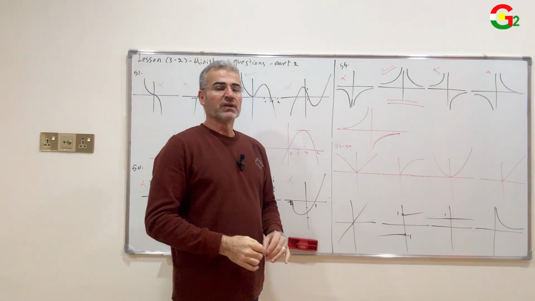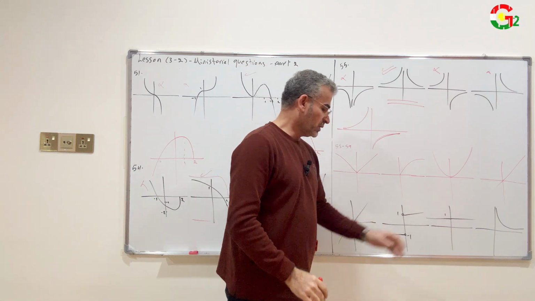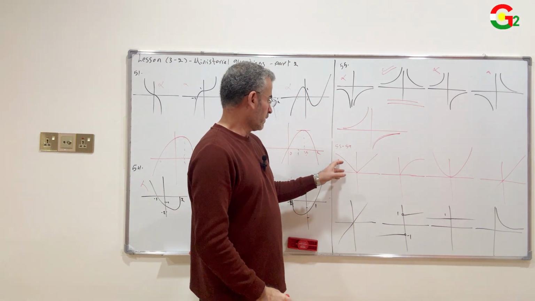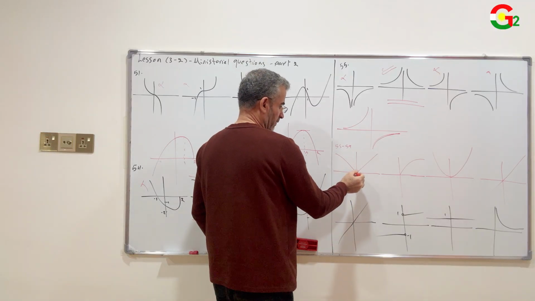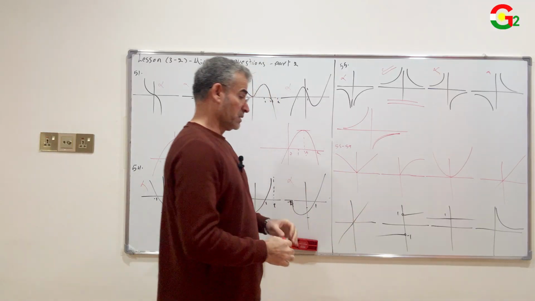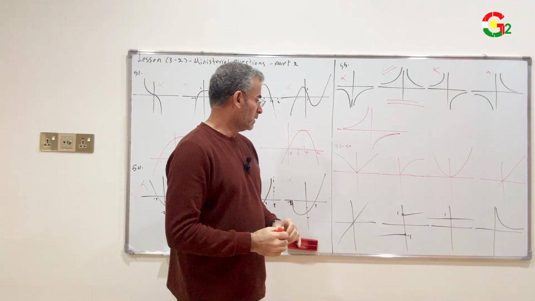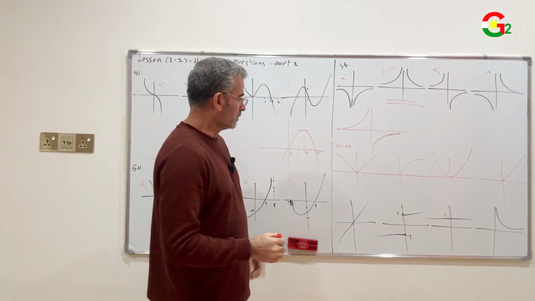Question number 55 to 59. Match each function with the graph of its derivative. For the first function, as you see, the function has a sharp vertex at 0, so the graph of its derivative should be not differentiable at 0, and the limit should not exist.